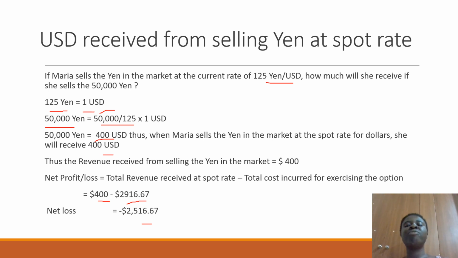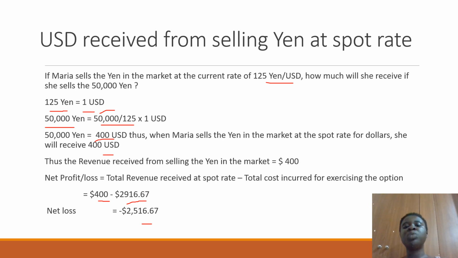So her cost will be $400. If you add the $400 to her $2,500 premium, she's going to incur a cost of like $2,900.